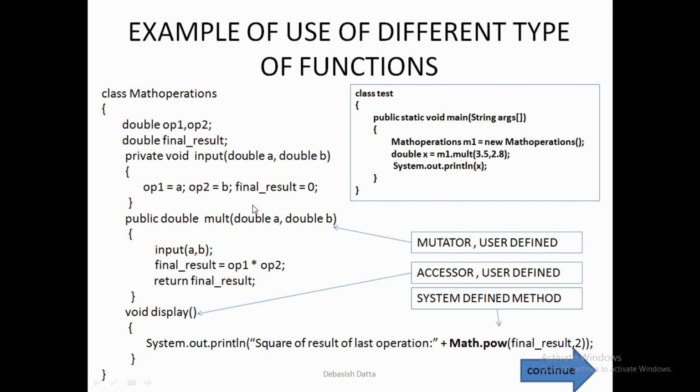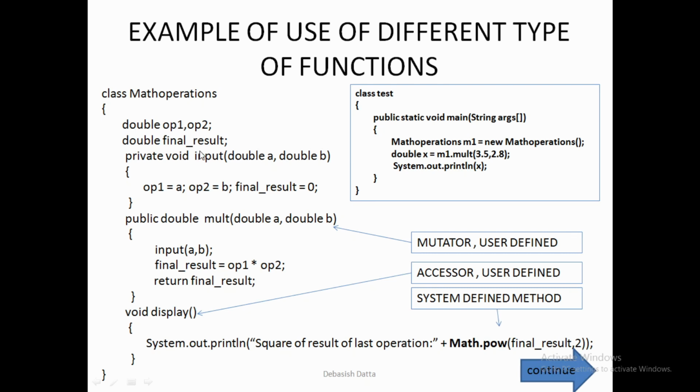Now, as you can see, the input function has the access specifier private, and the mult function has the access specifier public. As the input function has the access specifier private, we cannot use this function outside the class where it is defined.